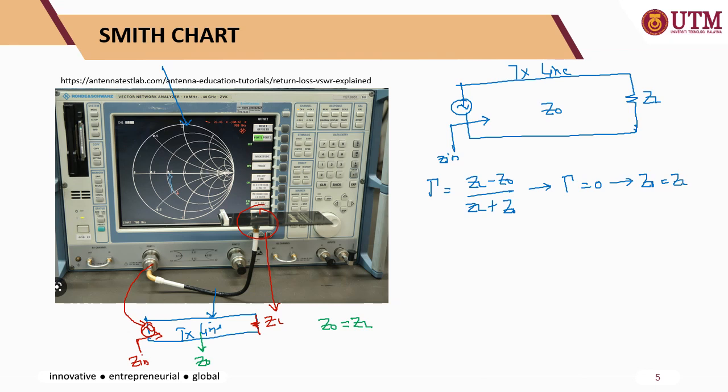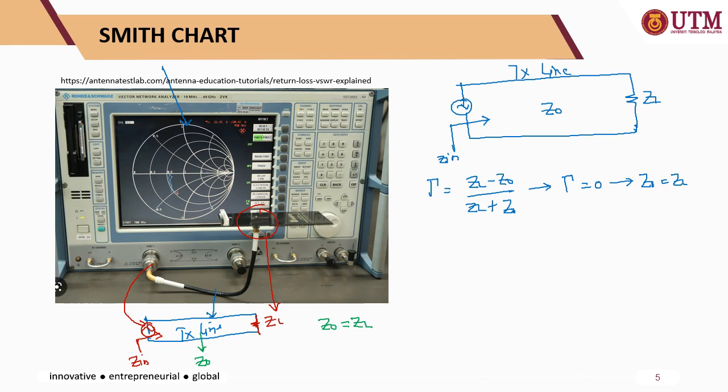Right, so by using a Smith chart, you can estimate what are the VSWR, the reflection coefficient, and other parameters without the need of performing calculation. From the Smith chart itself, you can estimate the value for each parameter so that you can estimate the performance of the overall transmission line.